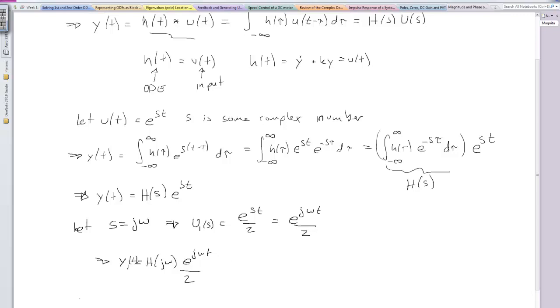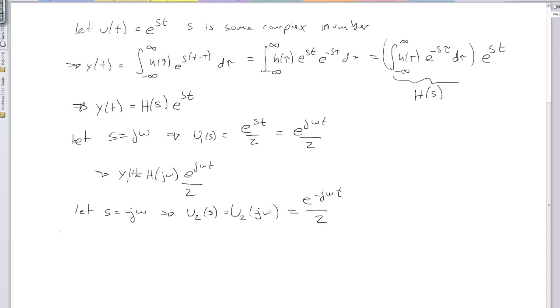And likewise, if we let s equal minus j omega, then u2 of t equals e to the minus j omega t over 2.